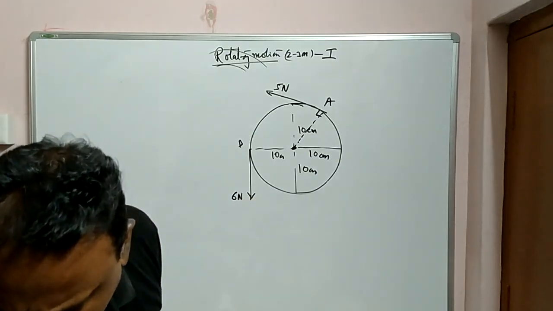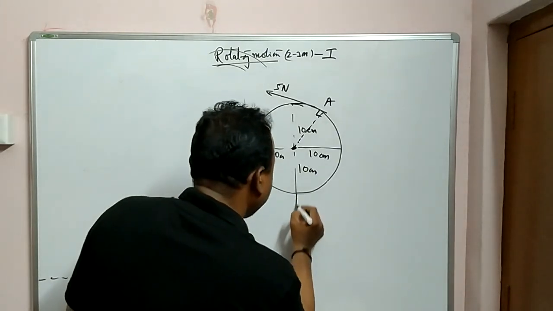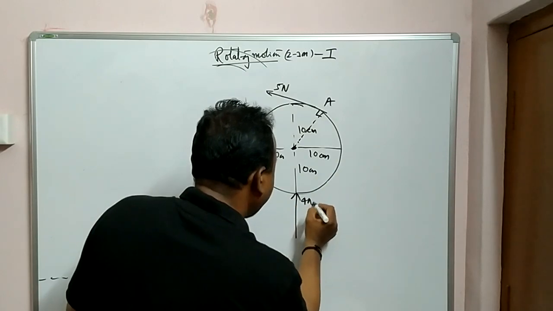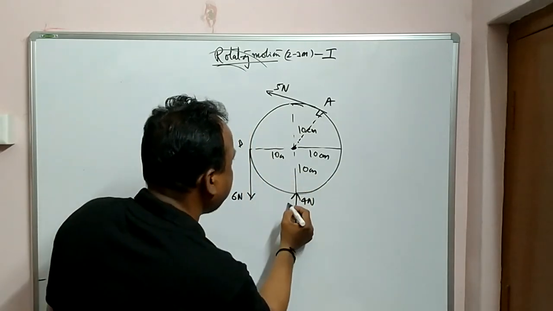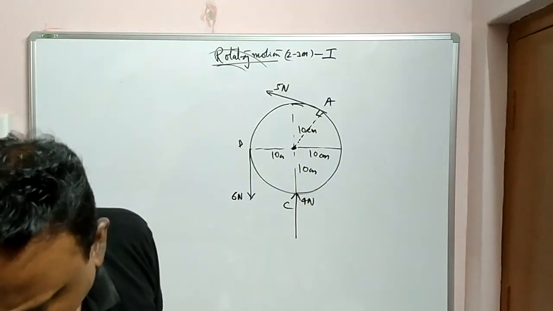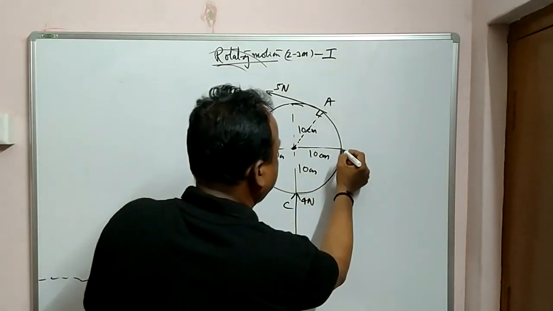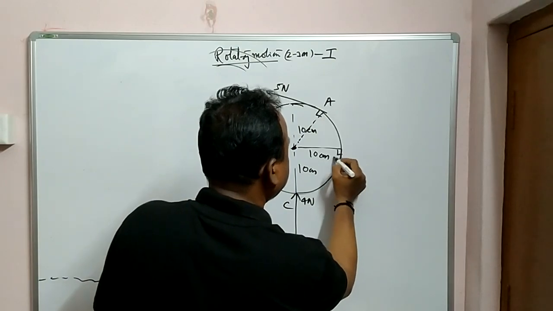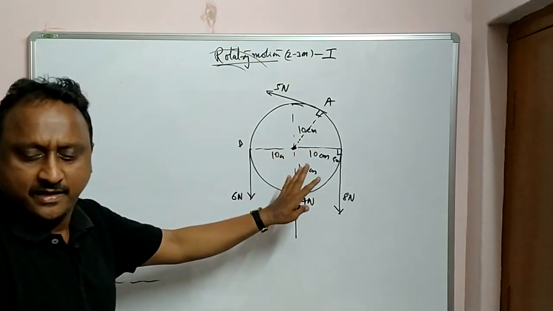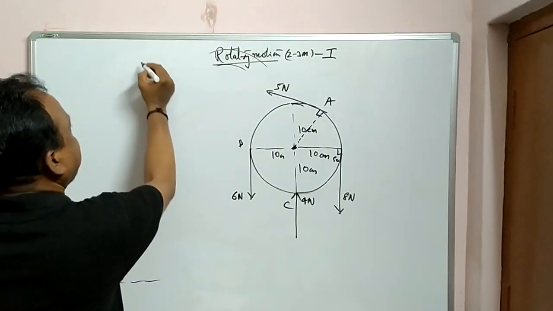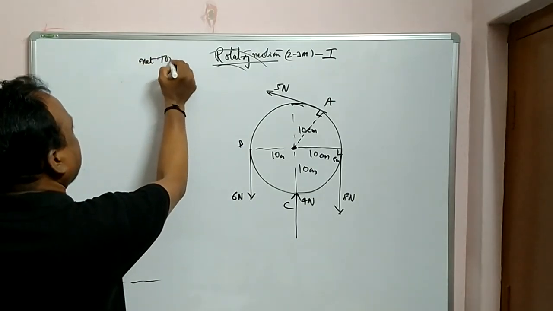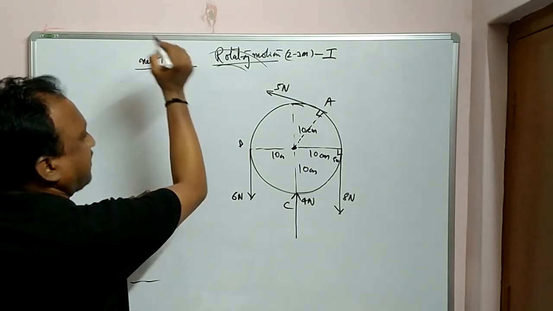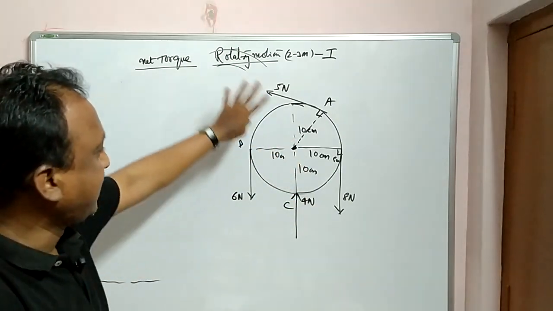And one more force, 4 newtons, is acting in this fashion at this point, let us say C. And one last one, 8 newtons, is acting in the downward direction, at 90 degrees. So this is the question. It is asking what the net torque is. We have to calculate this type of problem.